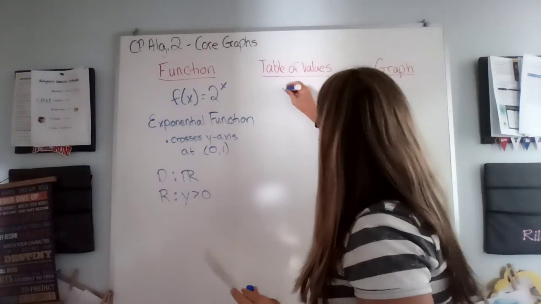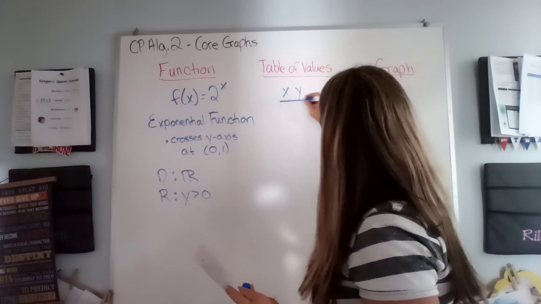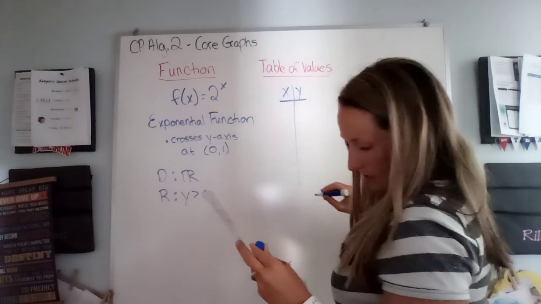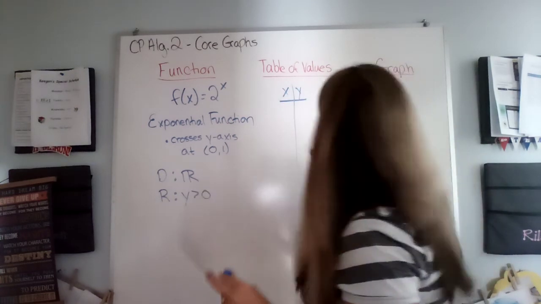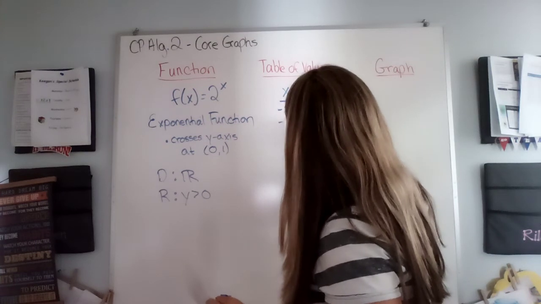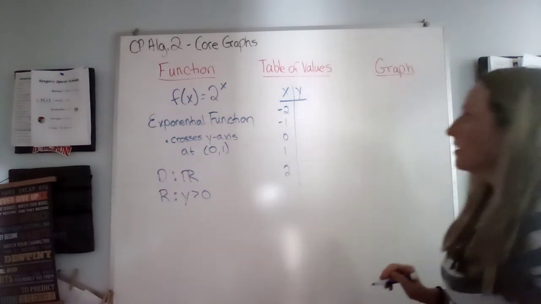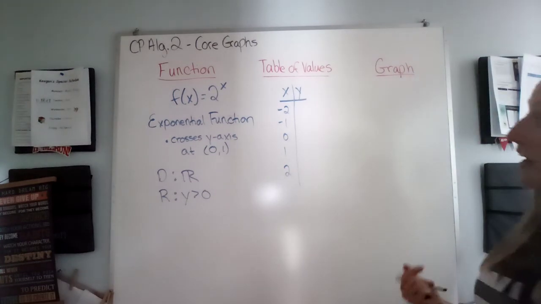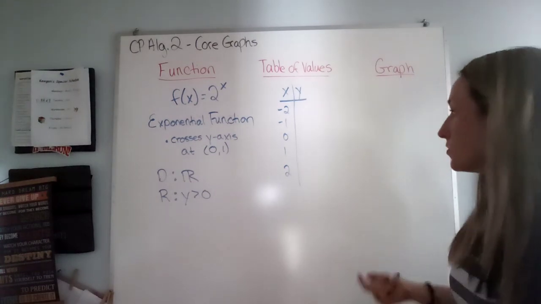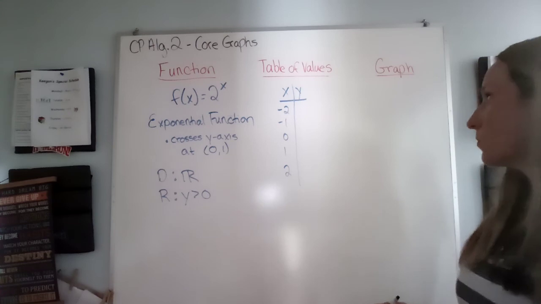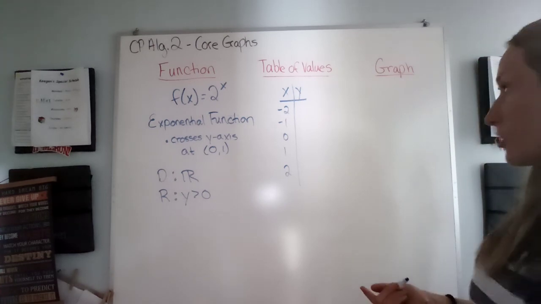All right, we're going to make our table of values. And we'll stick with all the same. So we'll do -2, -1, 0, 1, 2. Now, you may be able to do this off the top of your head. You might not be comfortable or familiar with working with negative exponents, although it was taught in Algebra 1.